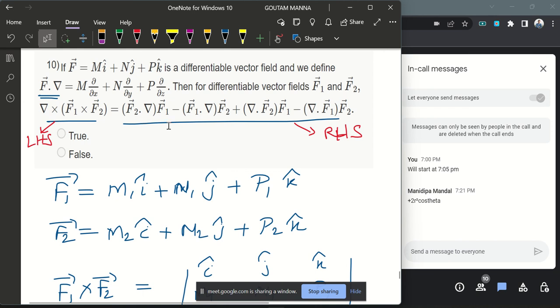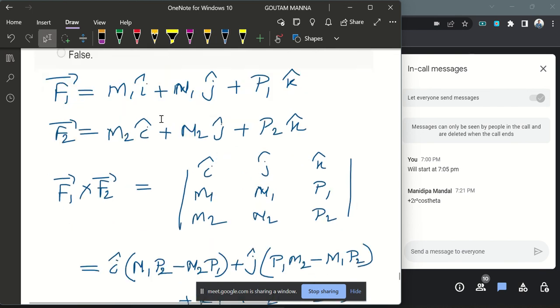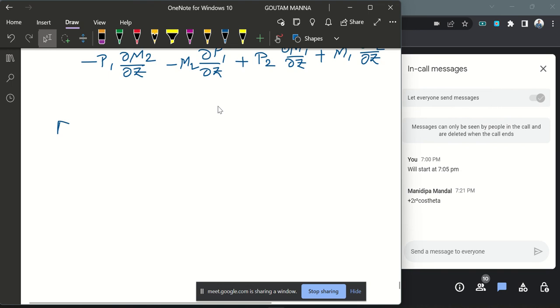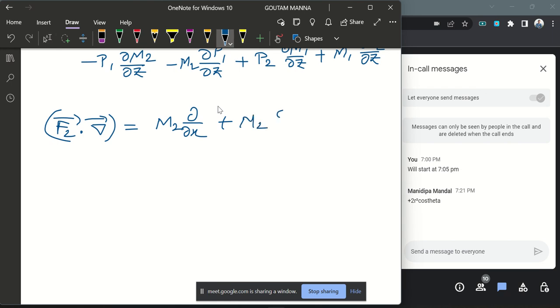So the x component of RHS will be the x component of this, this, this, and this. So F2 dot this nabla operator, it will be m2 del x plus n2 del y plus p2 del z.